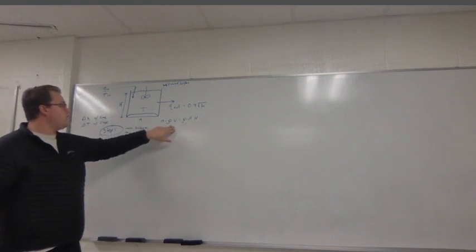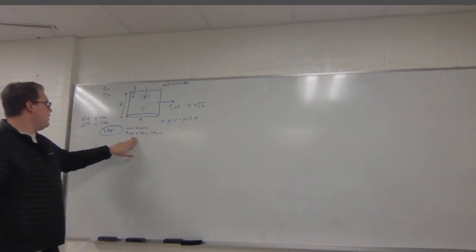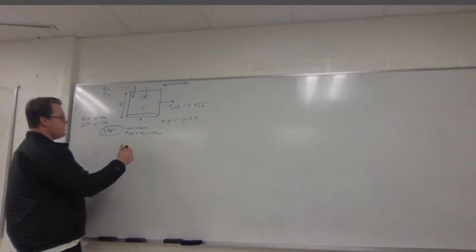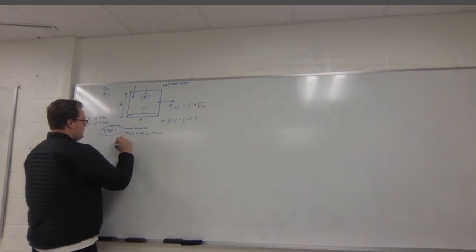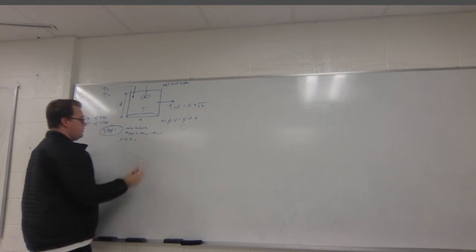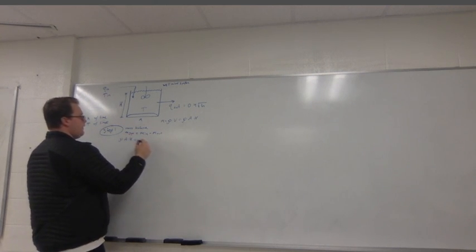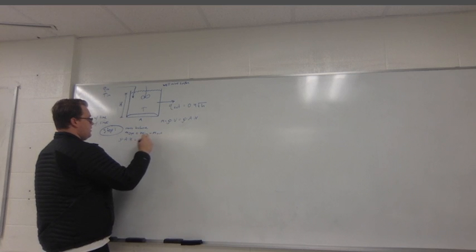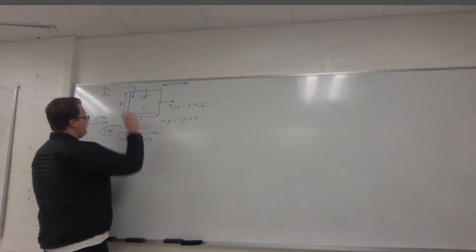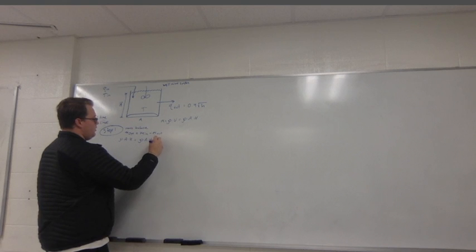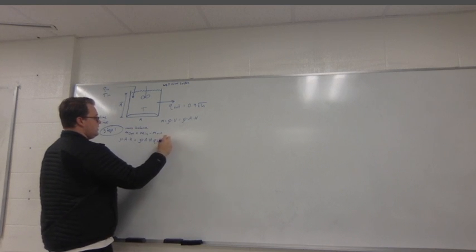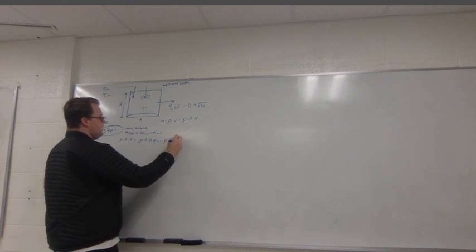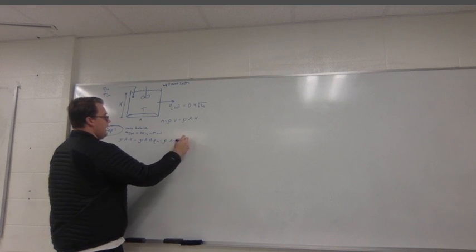So this will give us the mass of our system. So if we write this out, we can say density times area times height is equal to mass coming in minus mass going out. That's going to be density times area times height times flow rate Q in minus density times area times height times flow rate out of the system.